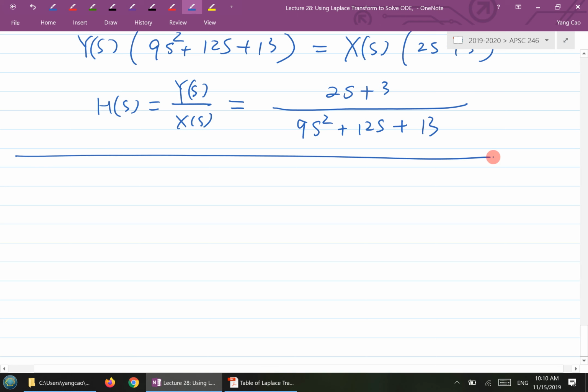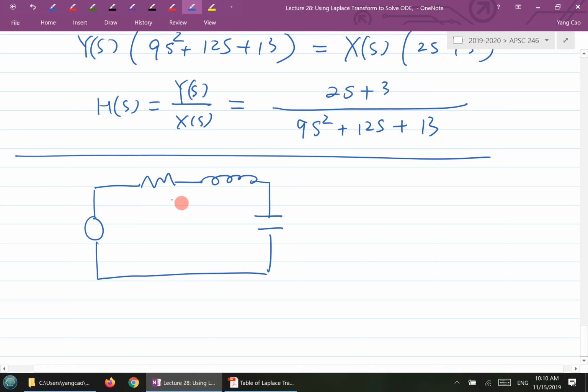So let me give you one more example here, as a sort of circuit example. This is an RLC circuit with input as Vi(t) and output as Vo(t).